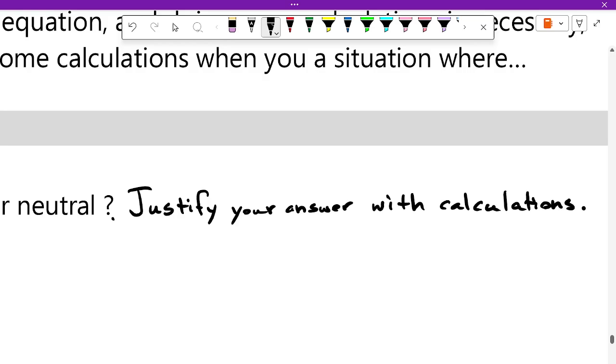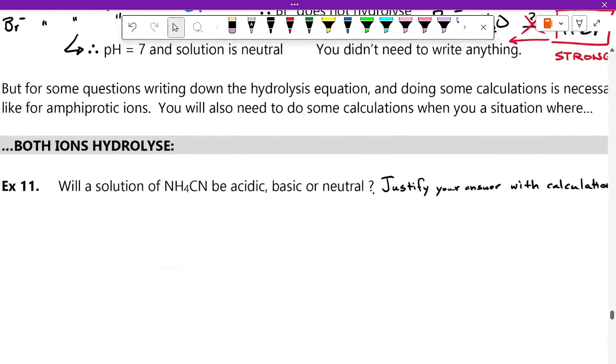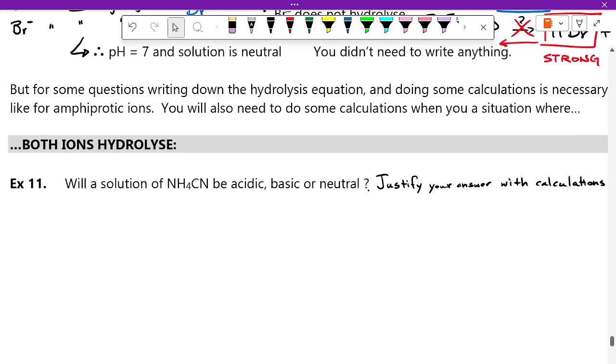If you look at the heading for this section, this is when both ions hydrolyze. So basically what you're going to do is what you always do, which is split up the ions.